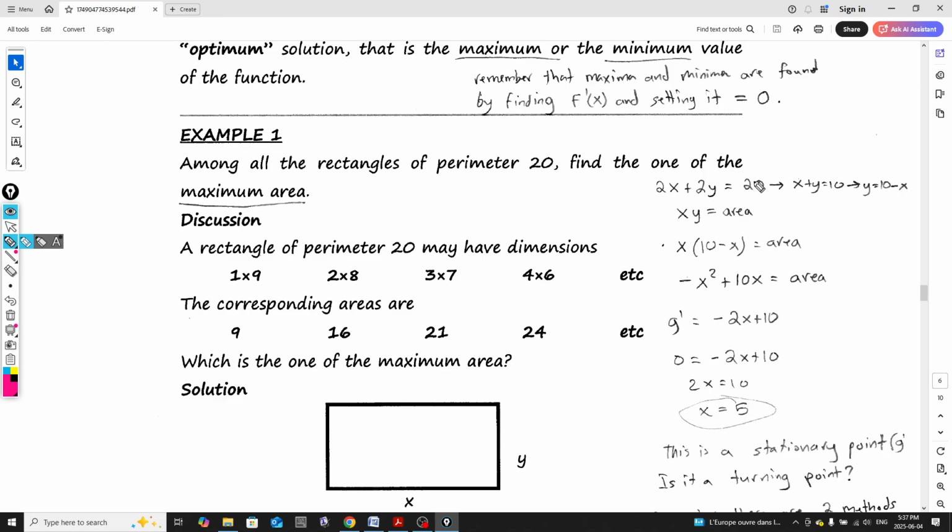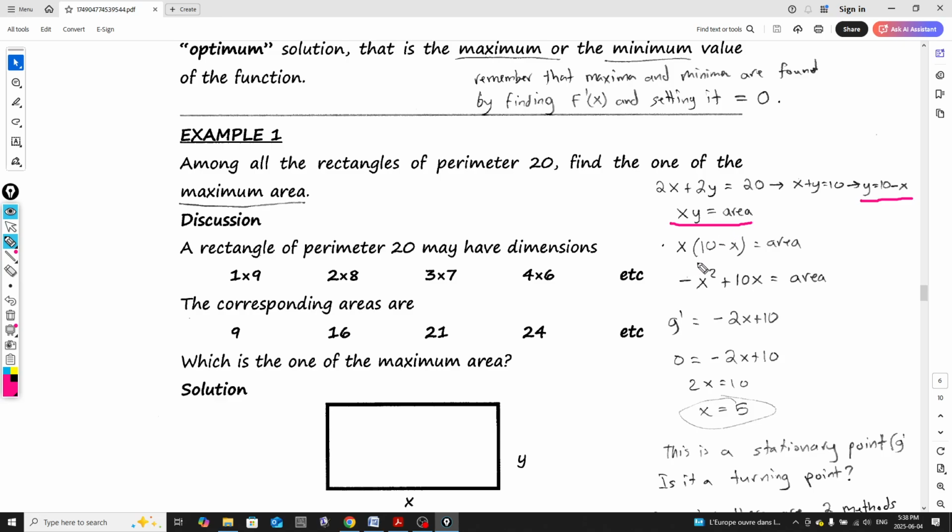This is great, because now I've got two equations: an equation for perimeter, and an equation for area. What I'm trying to maximize is area. So I'm going to take the perimeter equation, simplified, where I've isolated for y, and substitute that 10 minus x in place of y in my area equation.